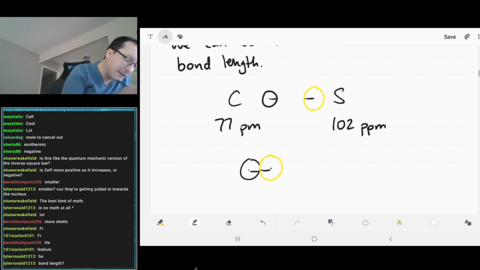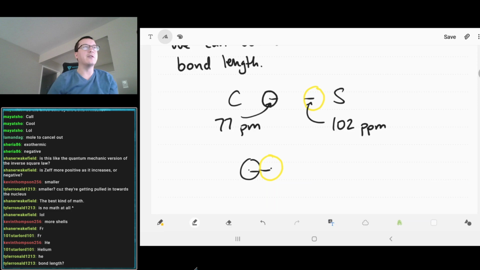so this radius here is 102. This radius here is 77. So we can imagine the bond length is just the radii added together.